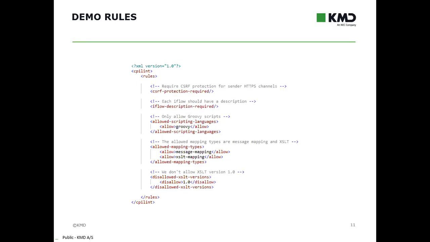Then there's a rule about which scripting languages are allowed, and I'm only going to allow Groovy. There's a rule about the allowed mapping types, specifically message mapping and XSLT. And then a more specific one about XSLT that says XSLT in itself is fine, but we don't allow version 1.0 XSLT. So those are the rules I'm going to run.